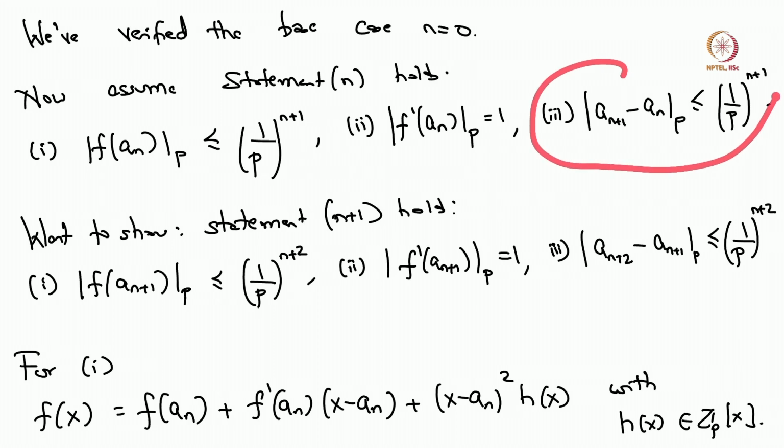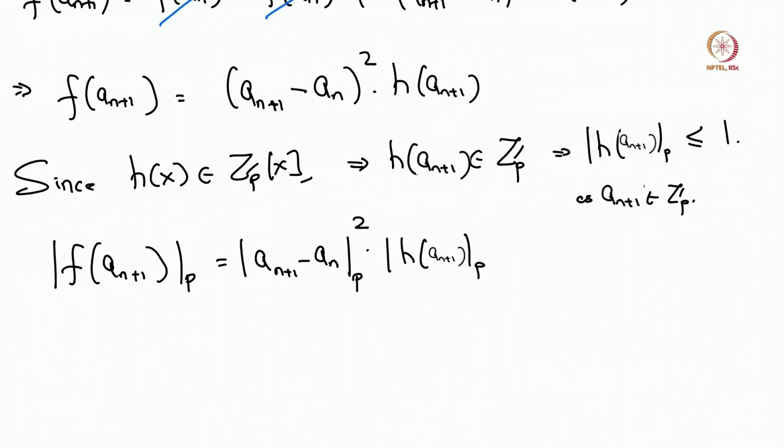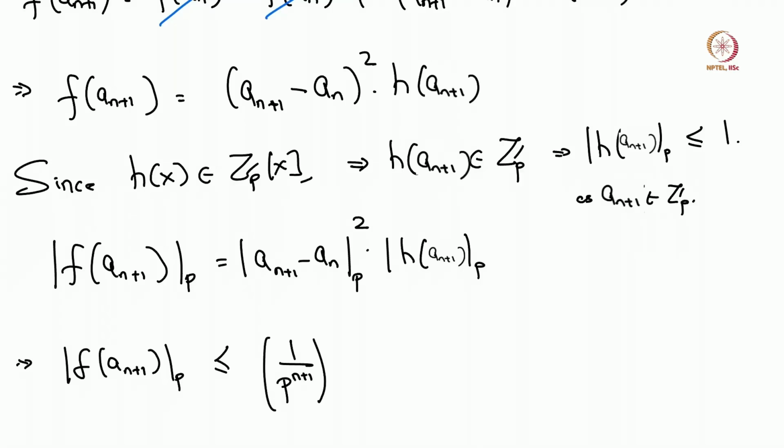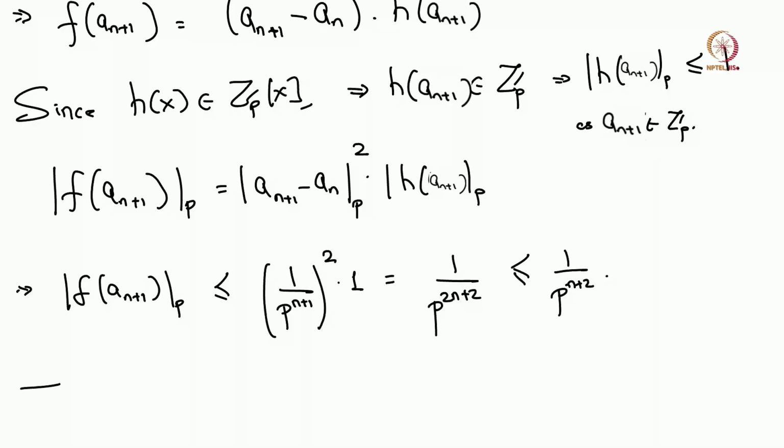So using this third statement here, what we get is that the p-adic absolute value of f of a_{n+1} is less than or equal to (1 over p raised to n plus 1) the whole square, times 1. And so this expression on the right hand side is 1 over p raised to 2n plus 2. And so this is less than or equal to 1 over p raised to n plus 2. Okay, so this gives part 1 of statement n plus 1.